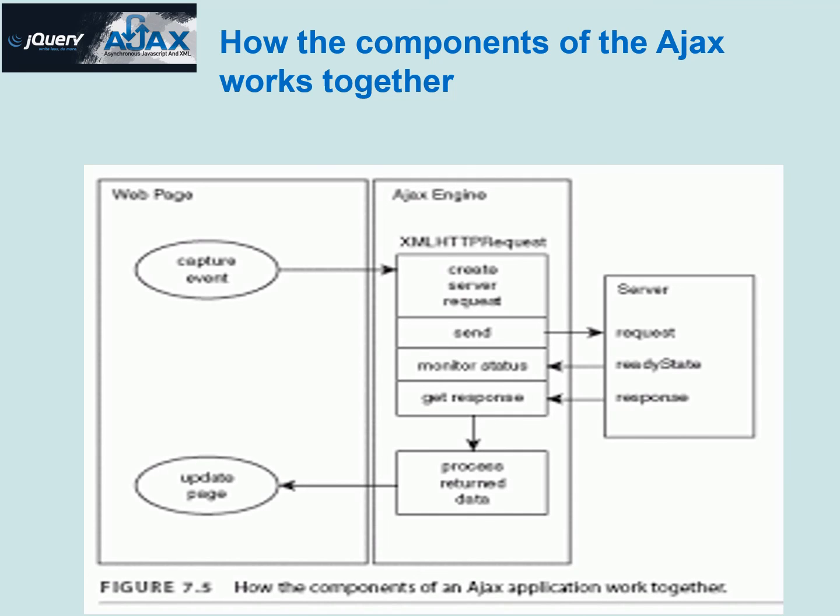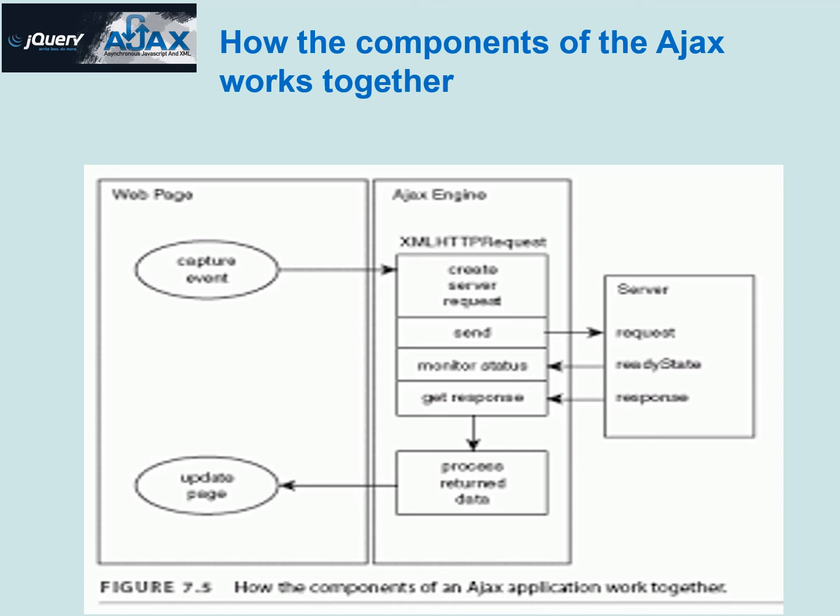Now we have a diagram. In the diagram we can see how the components of Ajax work together. Here this is a web page. We have capture event functionality as well as update page functionality, and these are associated with the Ajax engine. Inside the Ajax engine we have the XMLHttpRequest.